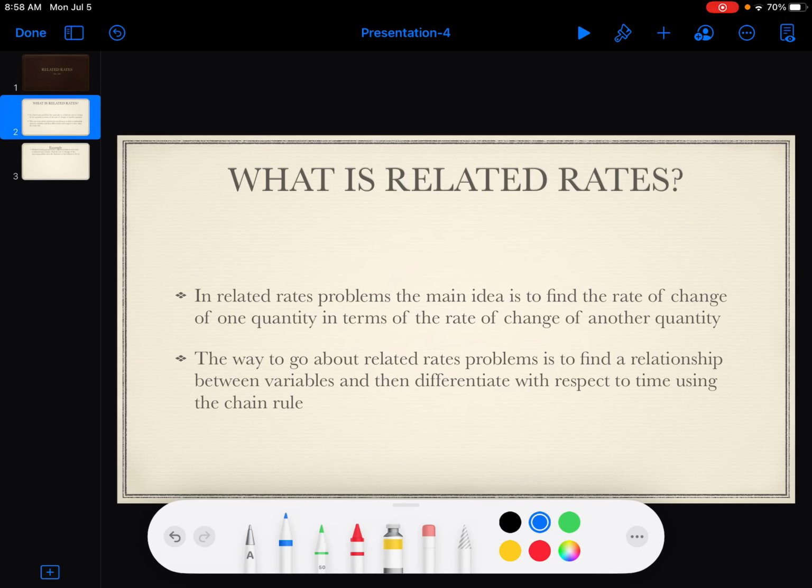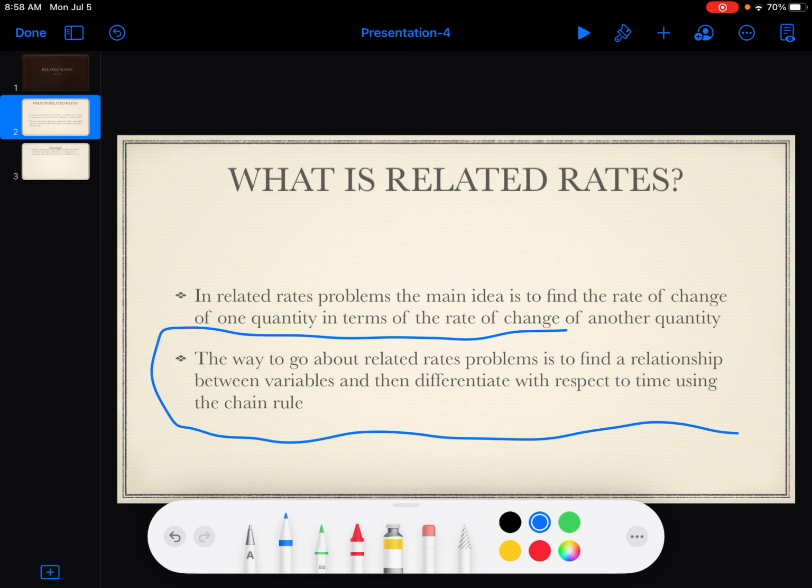I'll show what that means in a second when we get to the example, but I want you to really look at the second bullet here, and this is usually the main way to go about most related rates problems. It's the simple backbone of solving most of these problems: finding a relationship between two variables, the variables that are in your question, and then differentiating with respect to time.